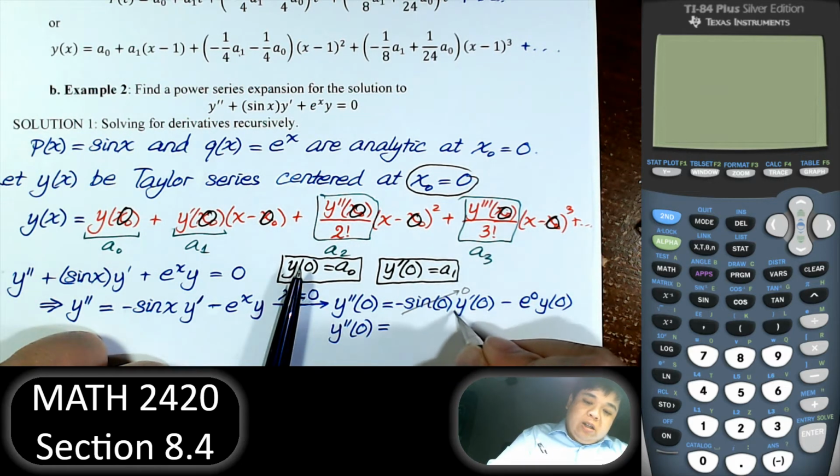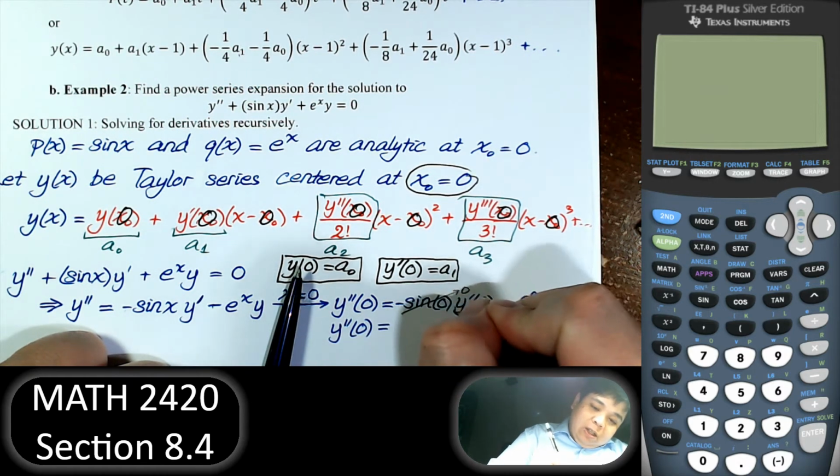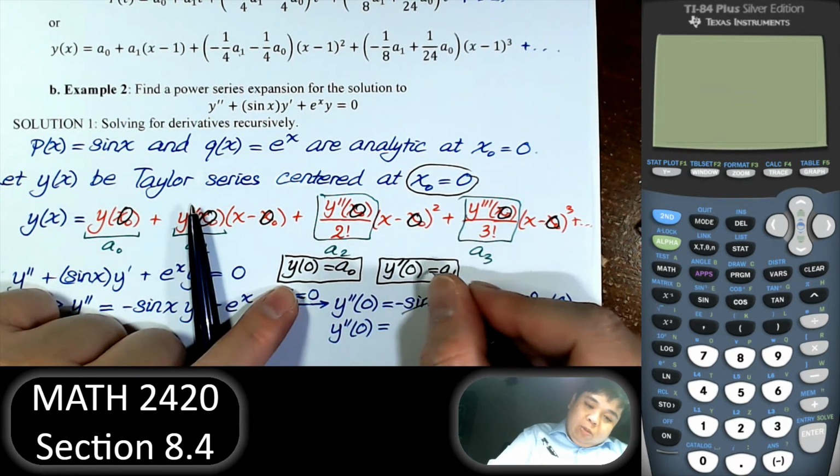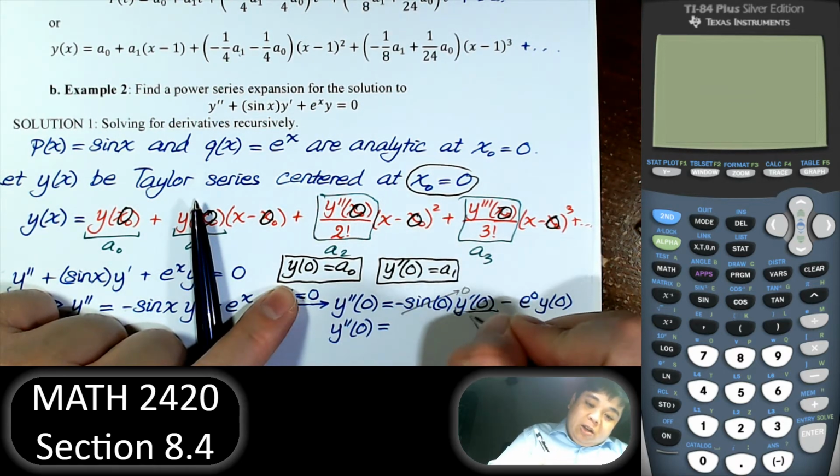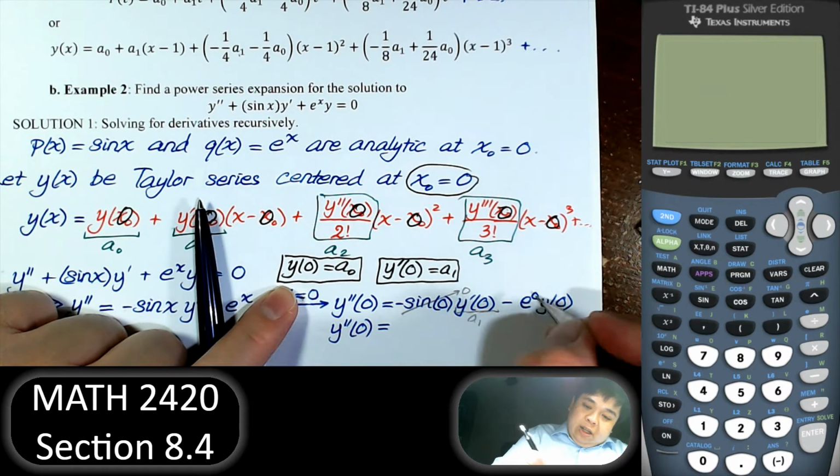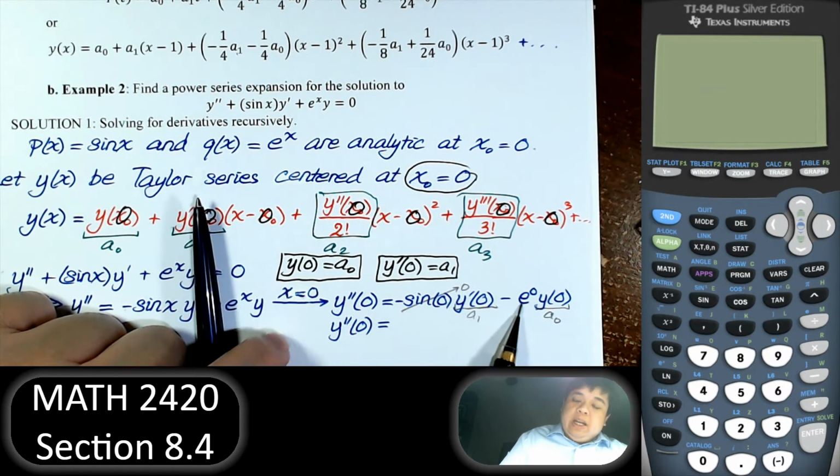And y prime at 0 is a1, and y of 0 is a naught. The function e to the 0 power is 1.